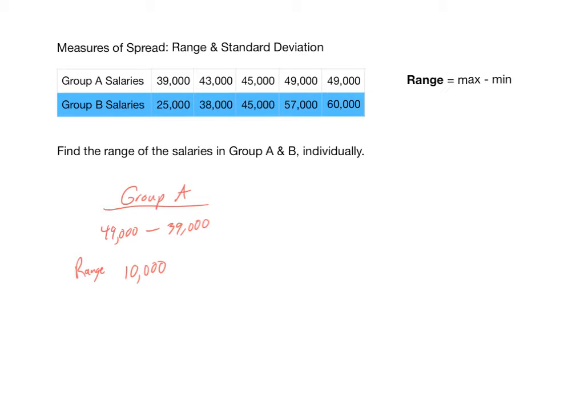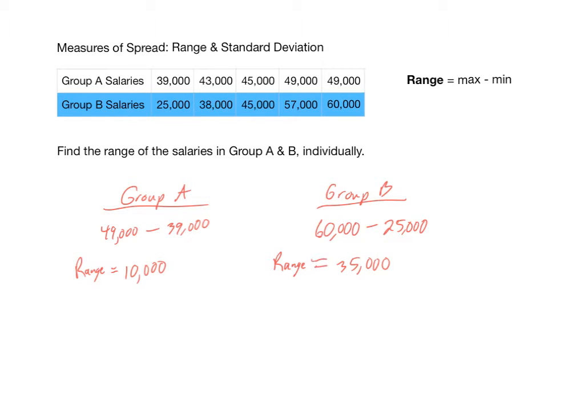So that means there's a spread of $10,000 between the lowest paid person and the highest paid person. But with Group B, the highest paid person gets paid 60,000, minus the lowest is 25,000, giving us a range of 35,000.